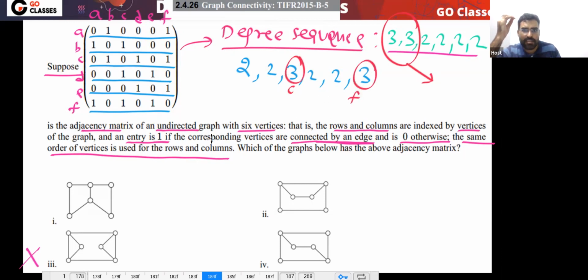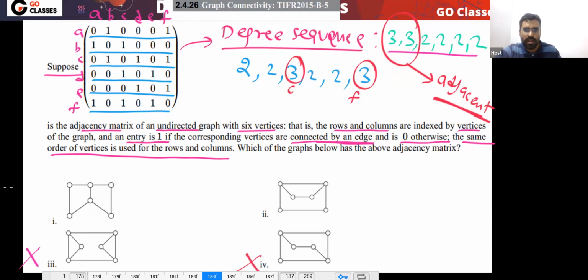C comma F, are they adjacent? Yes, they are adjacent. So the fourth option is gone.